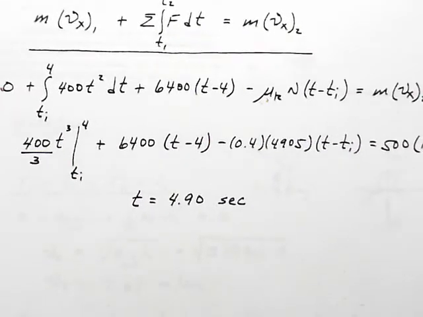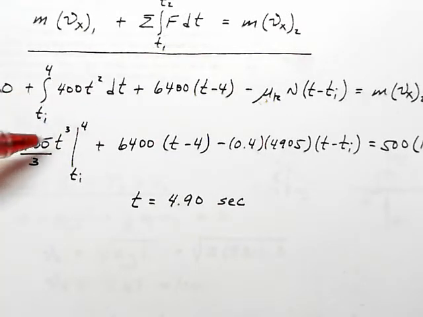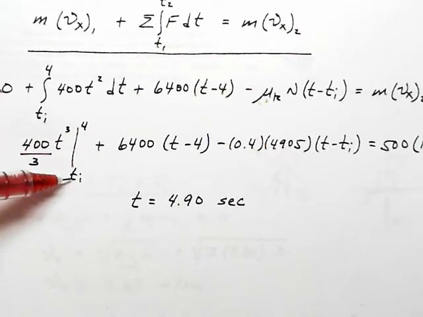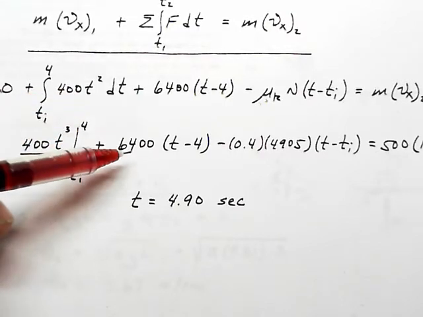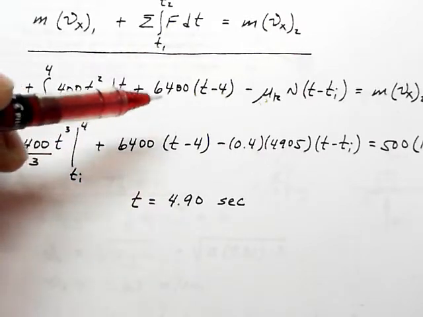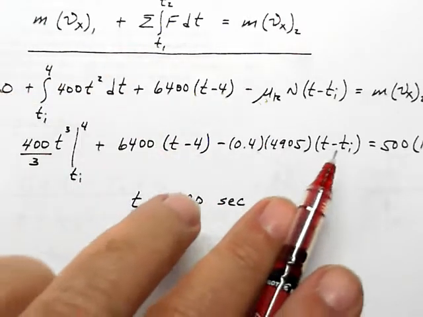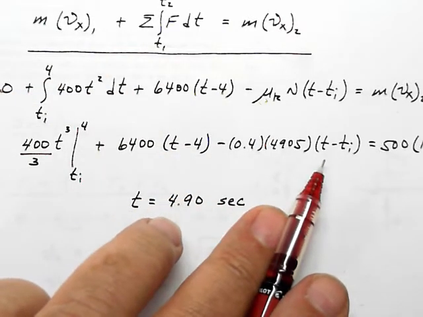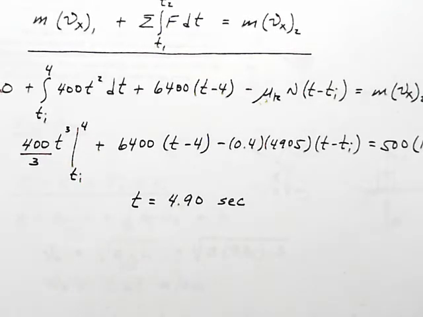Plugging in everything, so integrating the T squared term, we get T cubed over 3 from T initial, which we got on the previous page, to 4. This one goes from 4 to T. This one goes from T initial to T, and we have our mass times our final velocity. That final velocity is known.